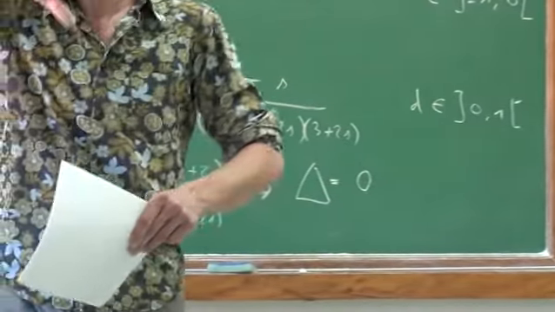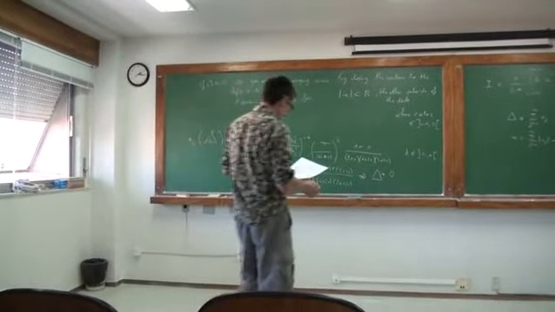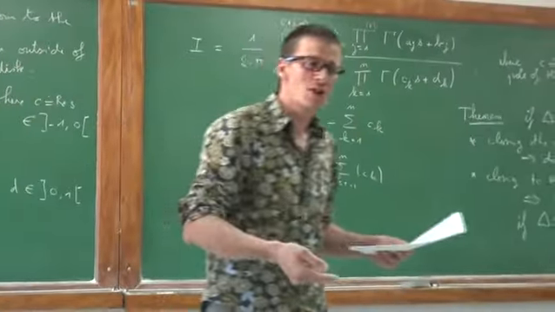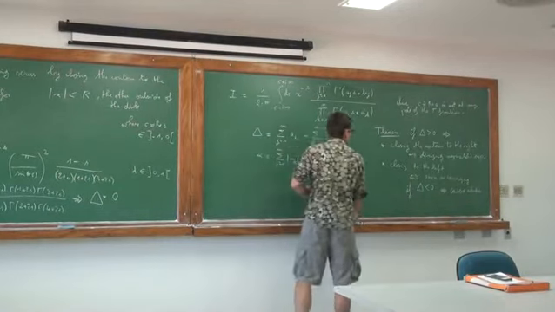Delta equals 0, and we are in a situation where we can safely close the contour to the left or to the right. Okay? And we did it, in fact, remember, to the right only. And we obtain the following formula, just before.